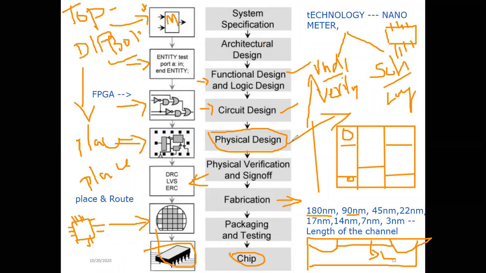Like from the fabrication, if you go up, that will become the bottom to top methodology. This is the top to bottom method. Two different types of methodologies are top to bottom and bottom to top.